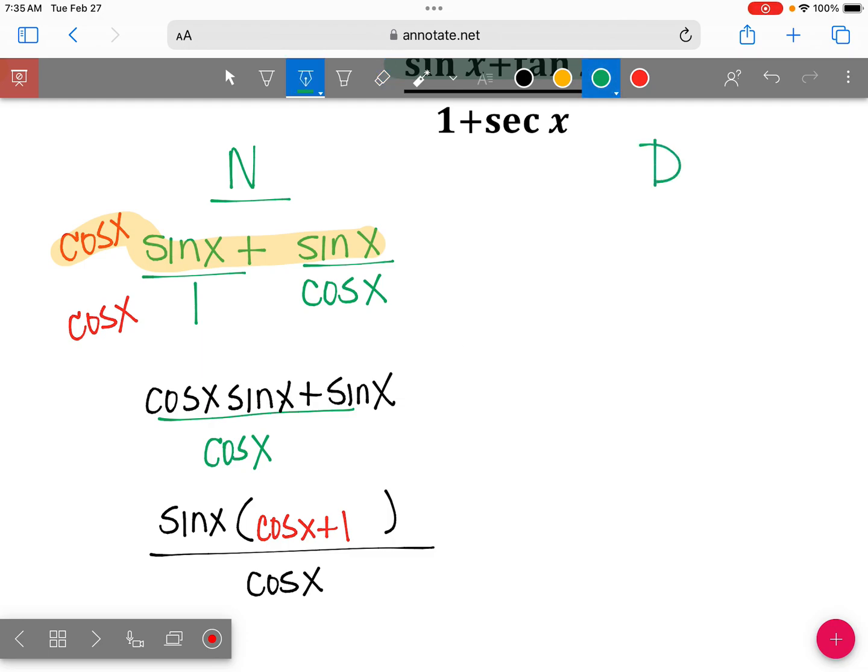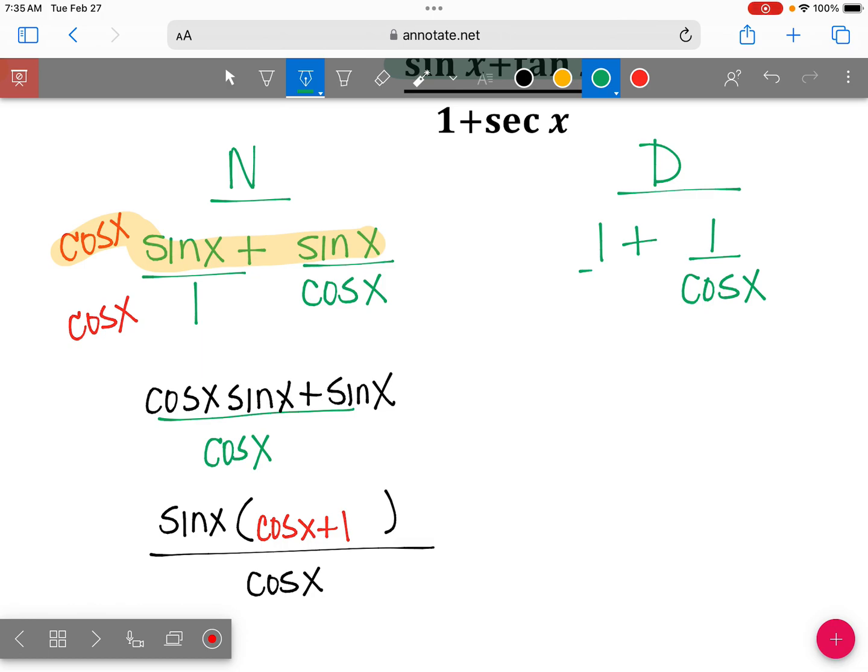All right, so my denominator has 1 plus secant x. So let's start by rewriting secant. What is secant? Secant is 1 over what? Secant is 1 over cosine. And again, we need a common denominator.